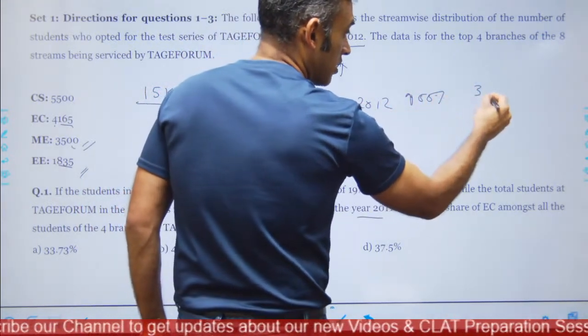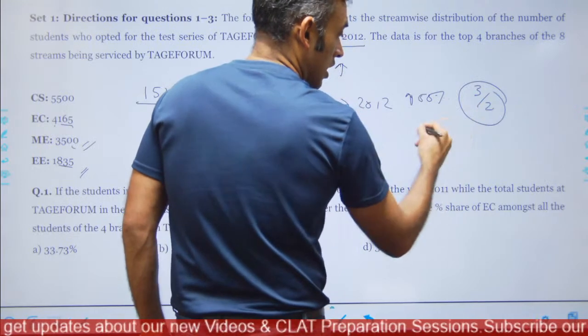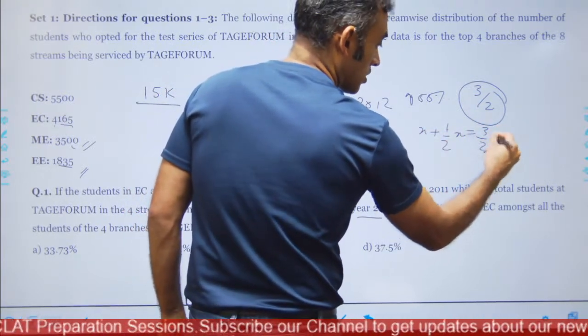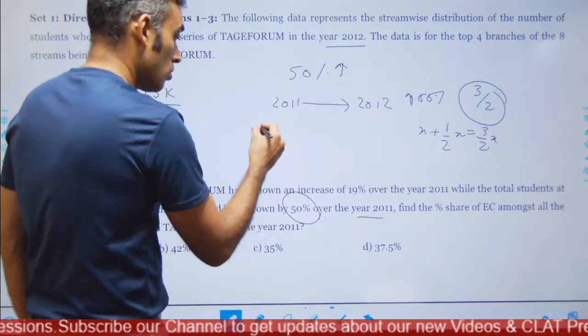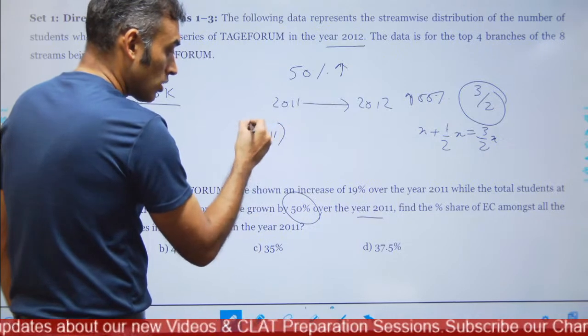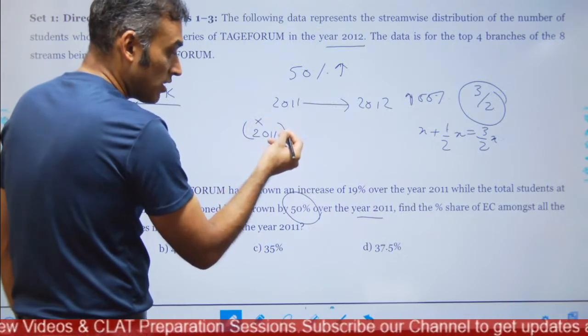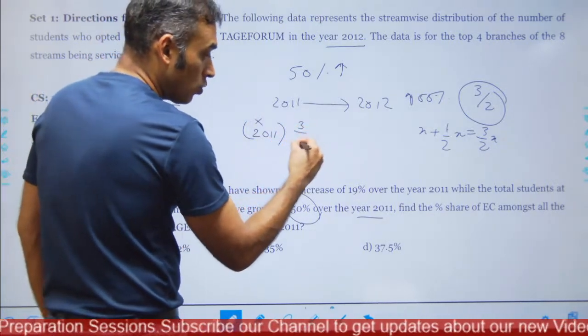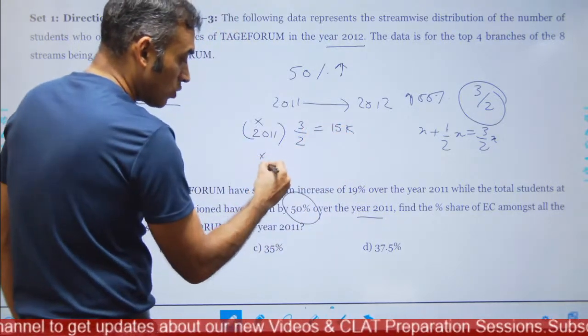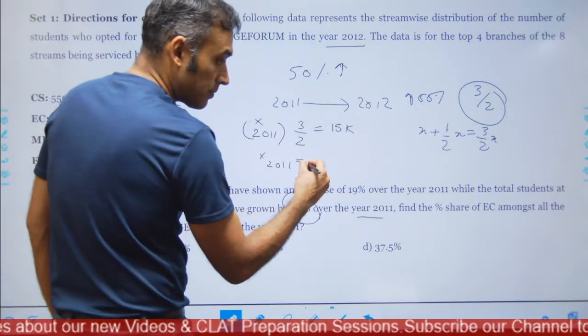So the multiplying factor is 3 by 2. X plus 1 by 2x is equal to 3 by 2x. So let's say it was x value in 2011, it grew by 3 by 2 and it became 15K. So if you solve this, you will get x in 2011 as 10K.